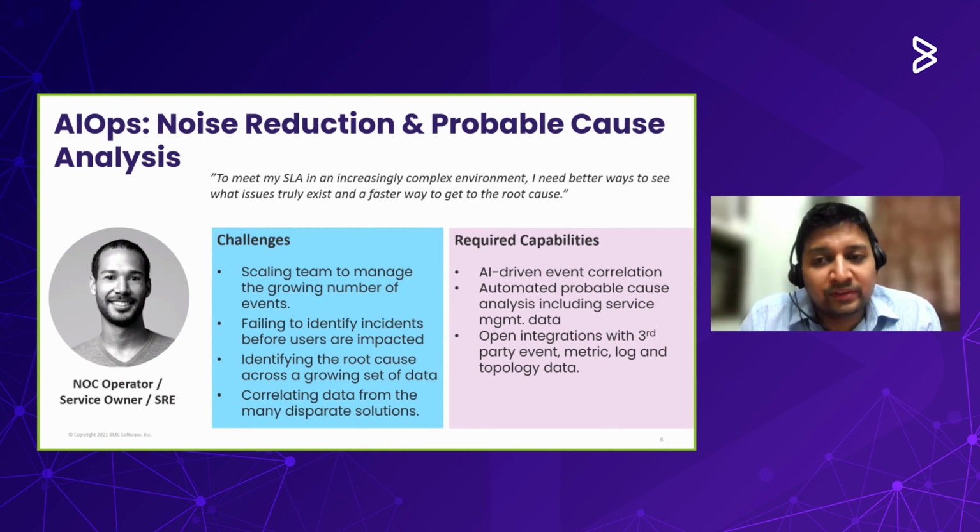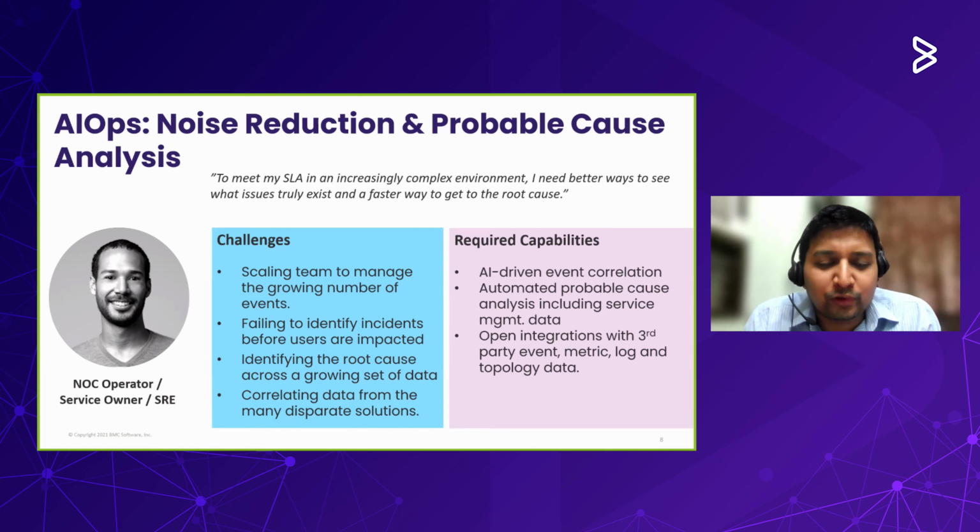This can be achieved by using the advanced AI capabilities of noise reduction and probable cause analysis in the BMC Helix AIOps solution. It provides AI-driven event correlation and situations to watch, thereby reducing incidents even before users are impacted. It also provides automated probable cause analysis for a service or application getting impacted, thereby identifying the root cause.